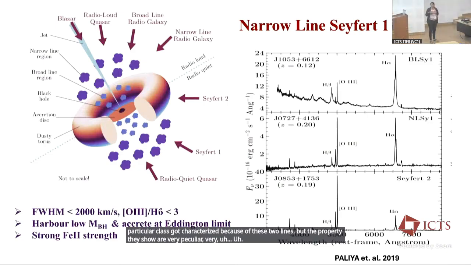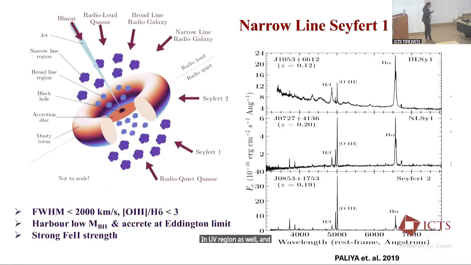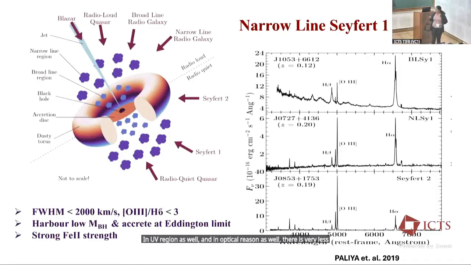For example, the Fe II strength in this particular class is very strong. They show very strong Fe II strength in the UV region as well as in the optical region. There is a very small sample in the UV region, but in optical it is very well studied.